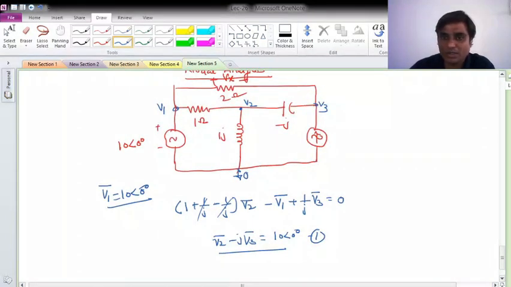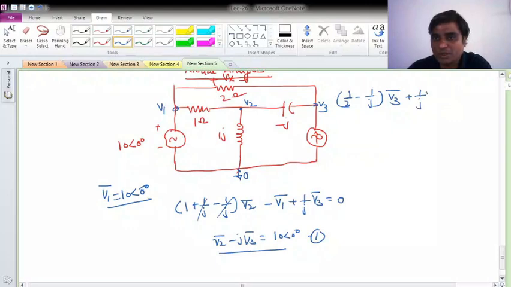Now suppose I would like to write for V3 phasor. All the elements connected with V3 node, so it is 1 by 2, and this is minus 1 over j V3 bar, then the element common between 2 and 3 with negative sign, so it will be 1 over j V2 phasor. The element connected between node 3 and node 1 is 1 with minus 1 by 2 V1 phasor, and this is equal to the current coming over here, 5 with 30 degrees amps.